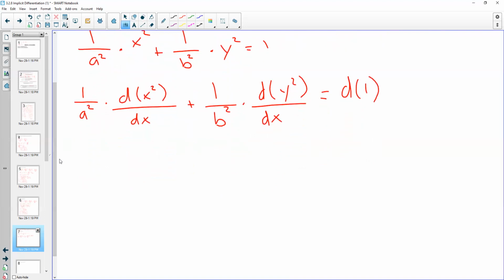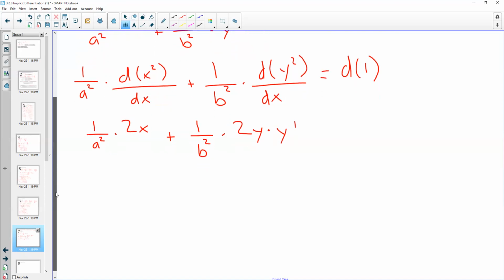Okay, so we will have 1 over a squared multiplied by 2x plus 1 over b squared multiplied by 2y times y prime. So if you don't like how these look now, we can make them look a little bit better.